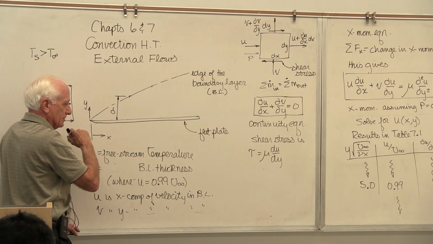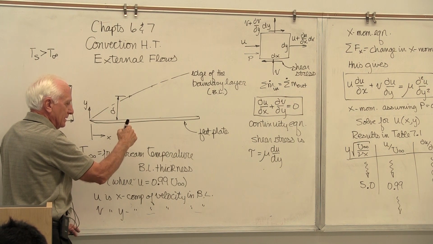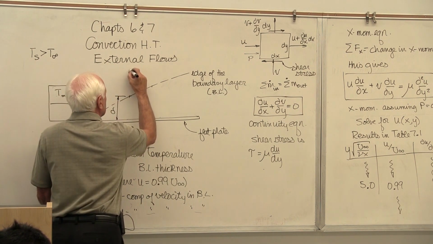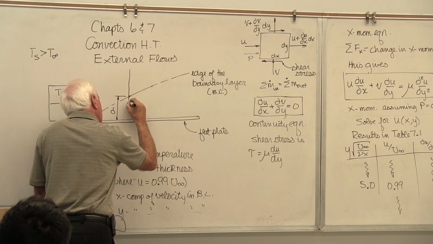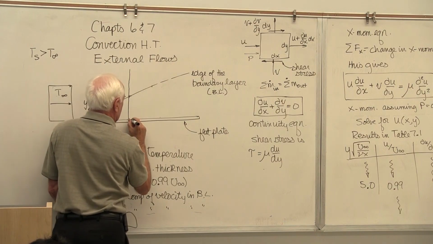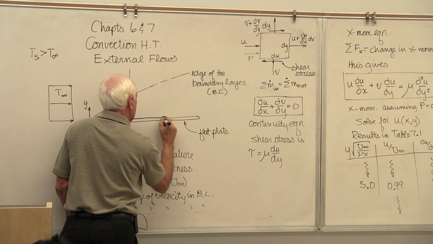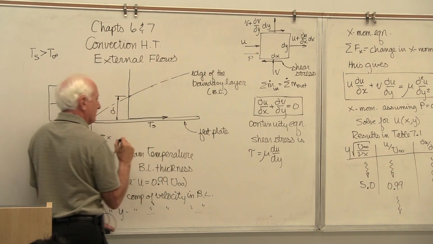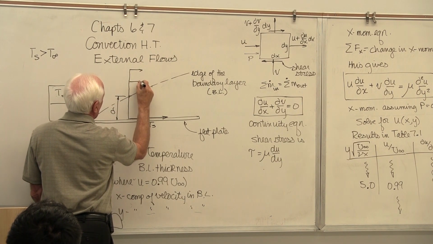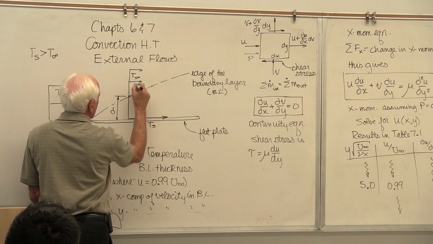The temperature changes from the surface temperature of the plate to the free stream in the y direction. Okay, so let's plot how that might look at any x. At any x, the surface is hot. This arrow represents the surface temperature, Ts. The free stream is colder. We'll represent that as T infinity.